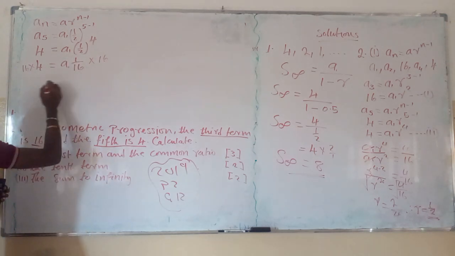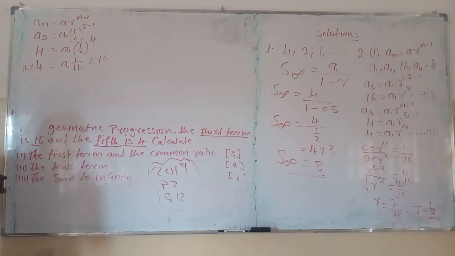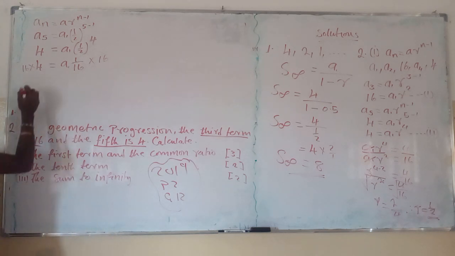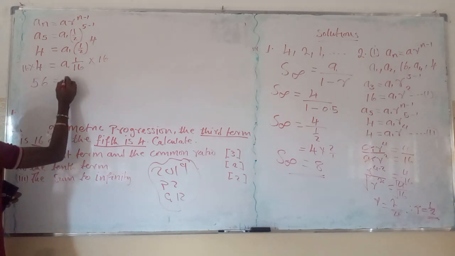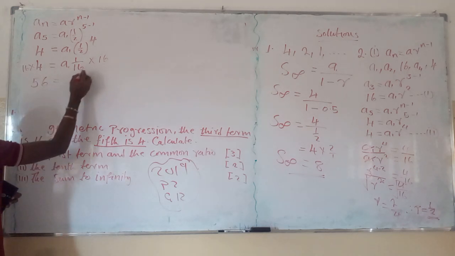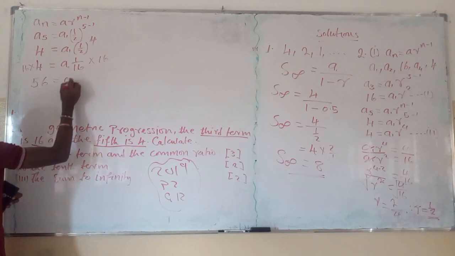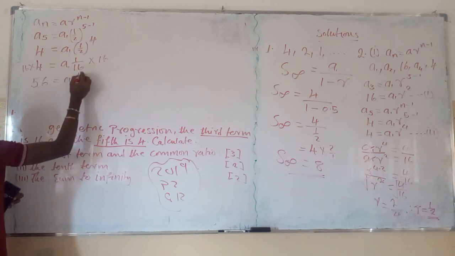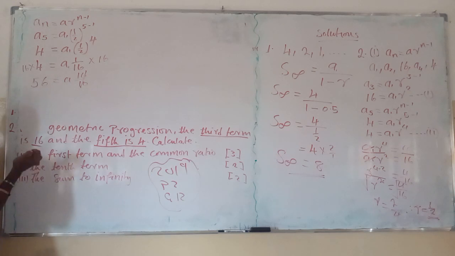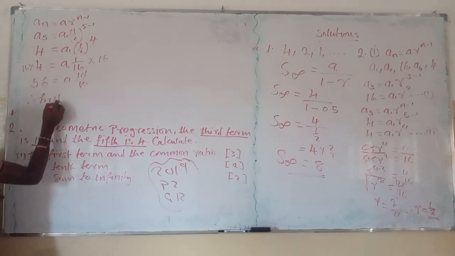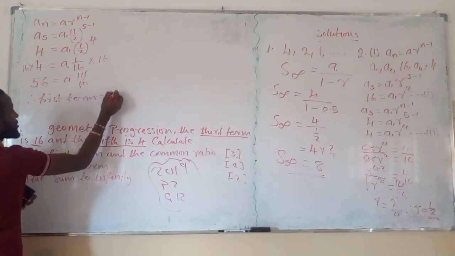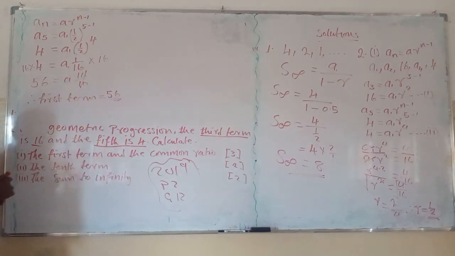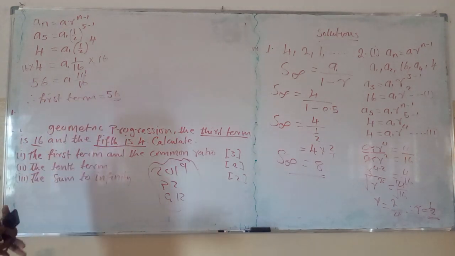So we have 16 times 4, we have 56, equal to a, which is 16 over 16, and you can see this is 1. So my first term is equal to 56. You have found your first term.